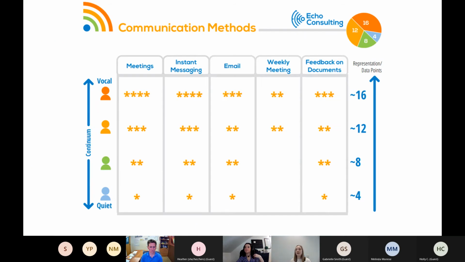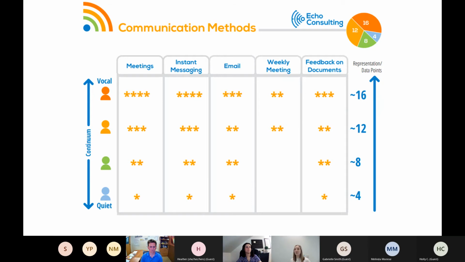So communication methods, really here, this is an overview of the communication methods that we see very frequently used, right? So meetings, chat, email, weekly meeting, feedback on documents. And what we're really looking at here is this continuum of different team members and what their personalities and strengths are. So we have naturally in every organization, right?